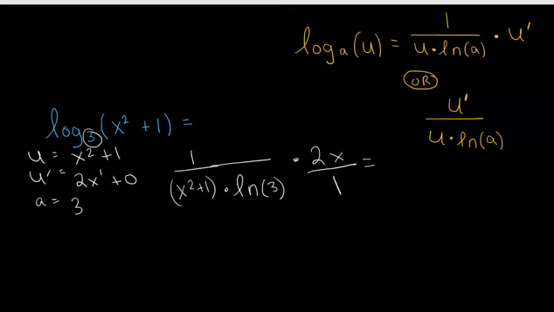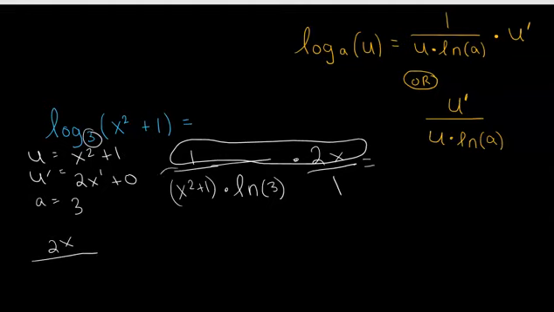Let's go ahead and put that invisible 1 in the bottom just to make it easier for us. And I have this right here, which is, let's put in the bottom, I have 2x, and then I have everything in the denominator, which is x to the second power plus 1, times ln 3.